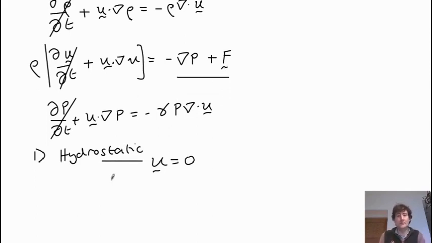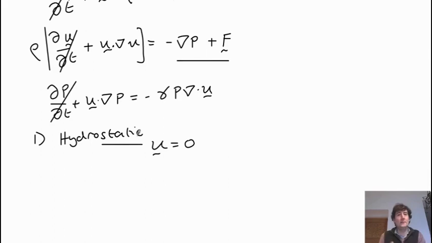And so in this case, what we're going to look at is a case where this pressure gradient is balanced by gravity. And so here we're going to consider a case where the force is basically the mass density times gravity.